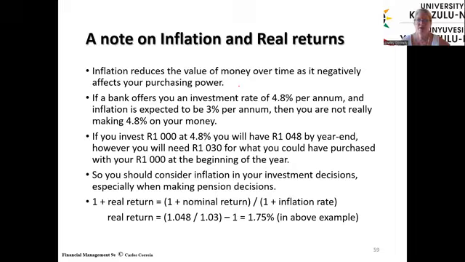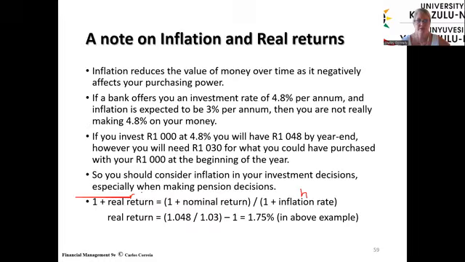And we use the Fisher effect formula to solve for real rates of return if you have a nominal return and you know what the inflation rate is. So in this particular example, if we use the formula 1 plus the real return is equal to 1 plus the nominal return divided by 1 plus the inflation rate, normally that's referred to as H.